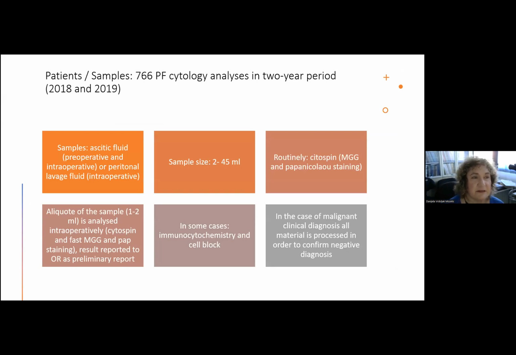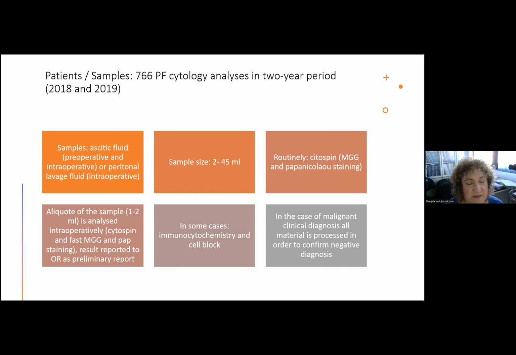We retrieved the data from 766 patients during the year 2018 and 2019, a two-year period. So we analyzed ascitic fluid, preoperative and intraoperative, or peritoneal lavage fluid washings, which are always intraoperative.